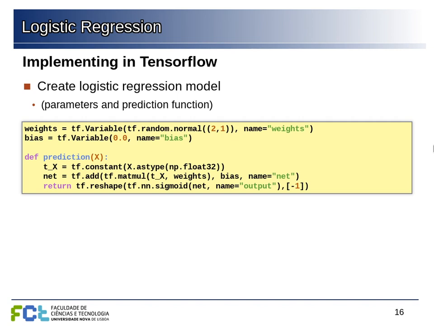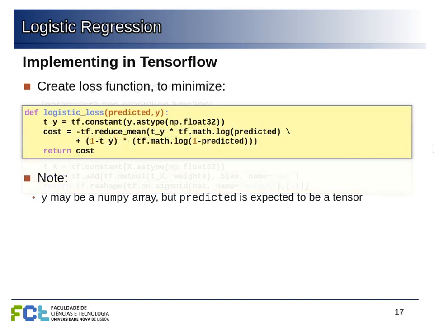So the output of the prediction is a tensor with one dimension and as many values as the examples we presented to this function. So this vector will give us the probability of belonging to class 1 for each of those examples. Now, the logistic loss will have to compare those predictions, which are a TensorFlow object, with the actual labels that we got from the file.